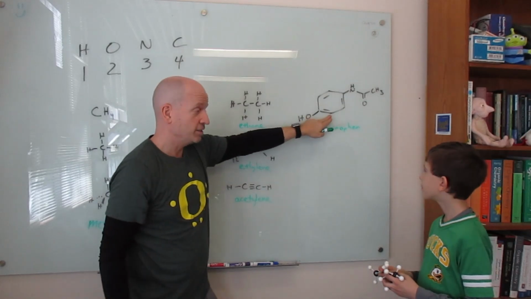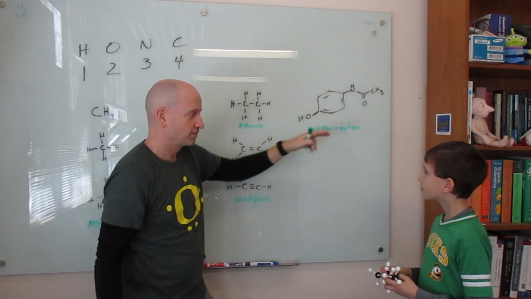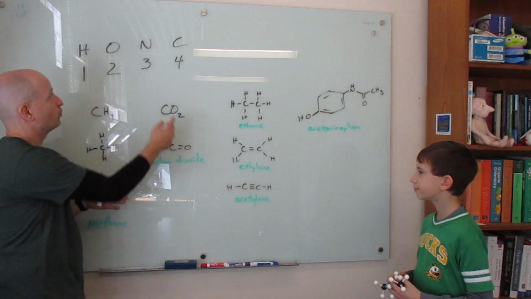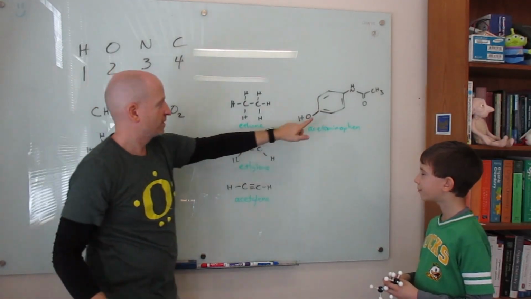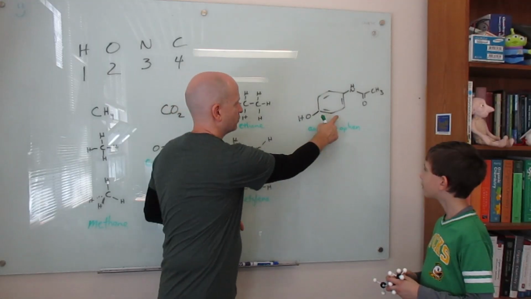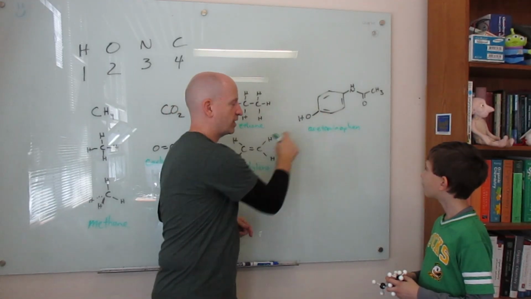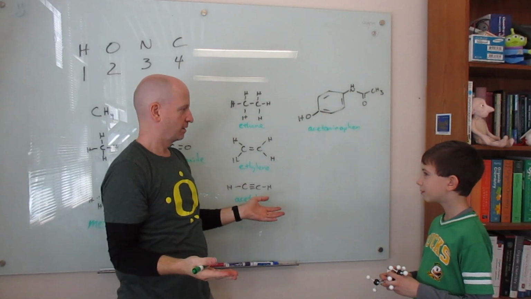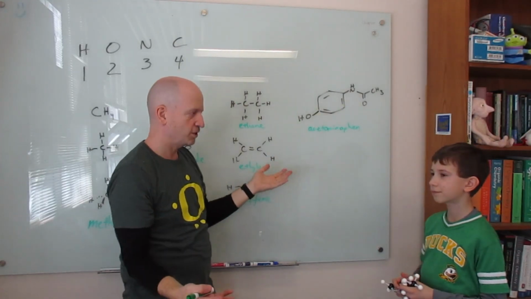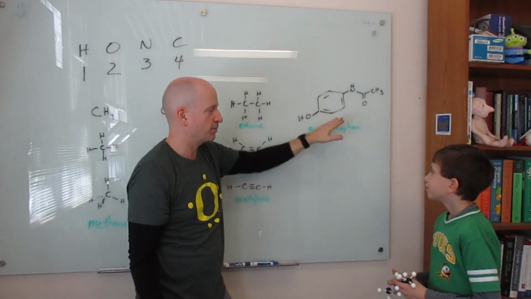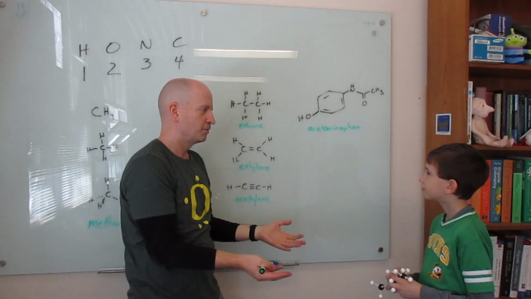We don't show the hydrogens attached to carbon because we know that all carbons have 4 bonds. So we can just fill them in. Like right here, this carbon has 1, 2, 3 bonds shown. That means there has to be 1 hydrogen there. Any hydrogens attached to oxygen or nitrogen, we show those. And so this is the chemical structure of acetaminophen, which is what's in Tylenol.